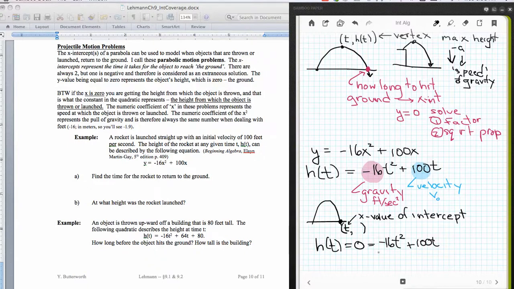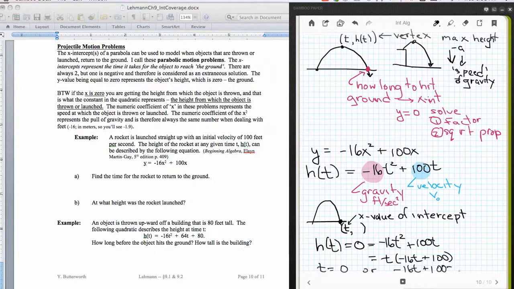Now, this one is quite an easy one to solve, because we're just going to factor out t. So this is t times negative 16t plus 100. Now, this one is going to give us t equals 0, or negative 16t plus 100 is equal to 0.